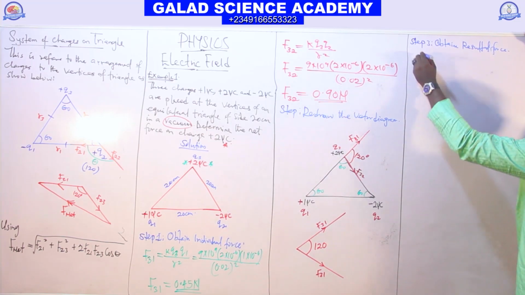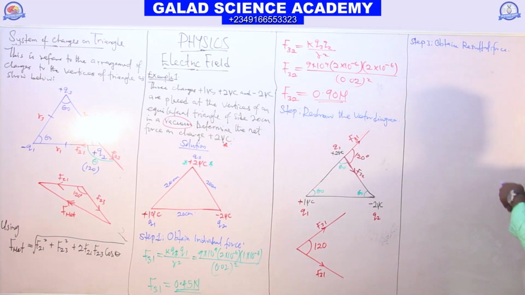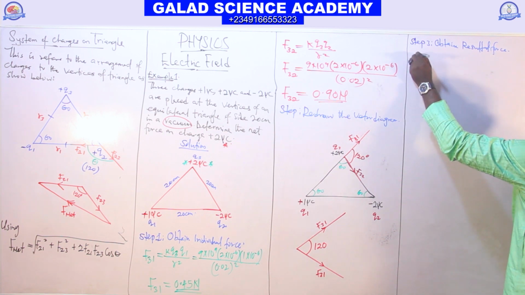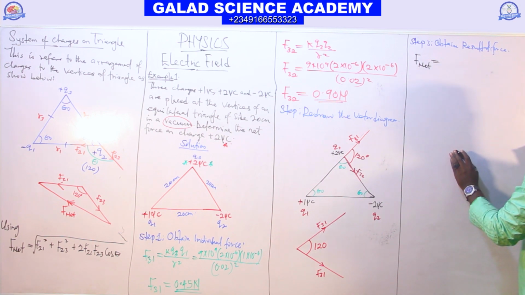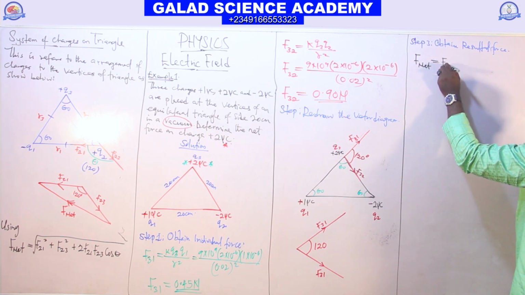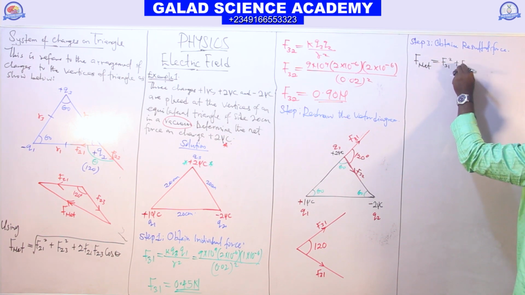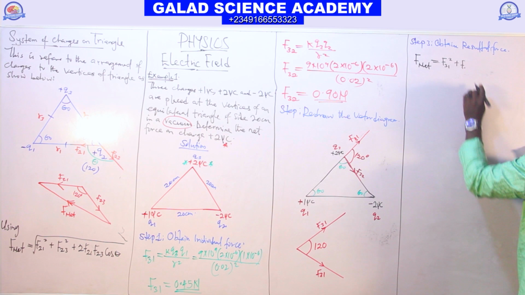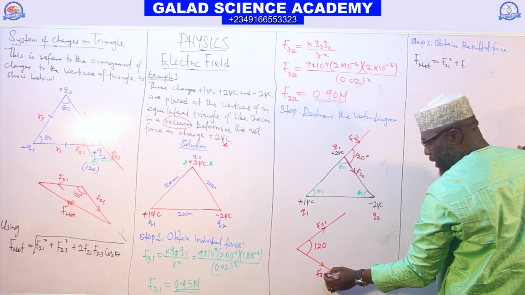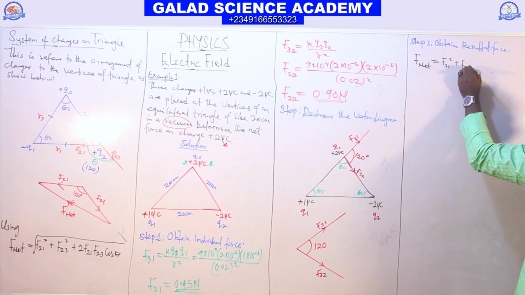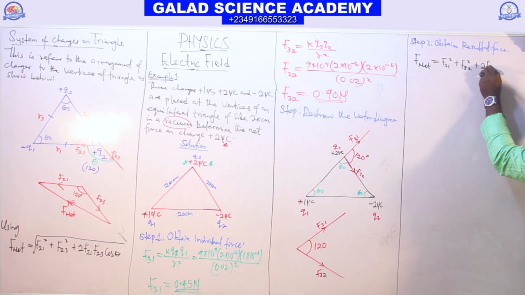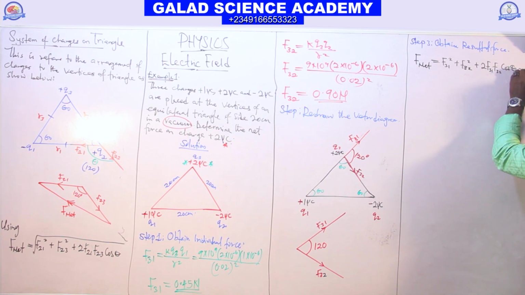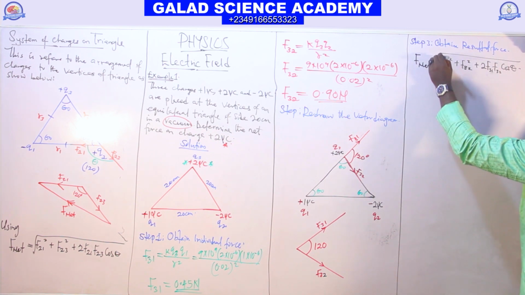What is the formula for resultant force? The net force is the square root of F31 squared plus F32 squared plus 2 F31 F32 cos theta, everything under the square root.